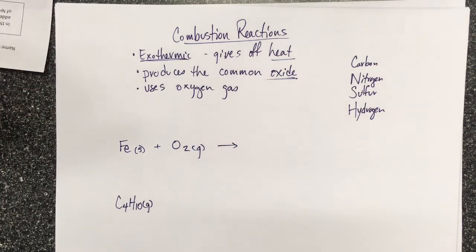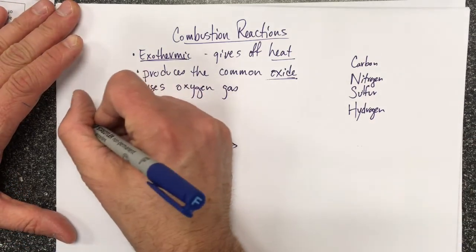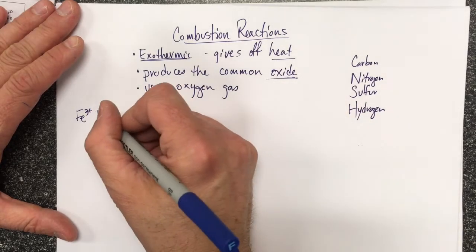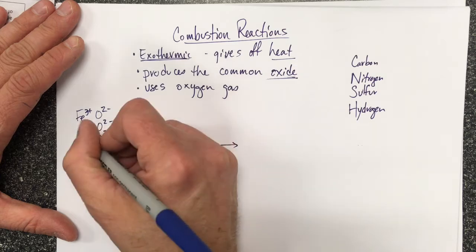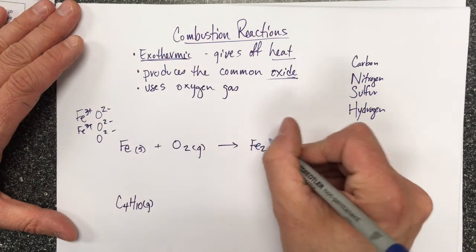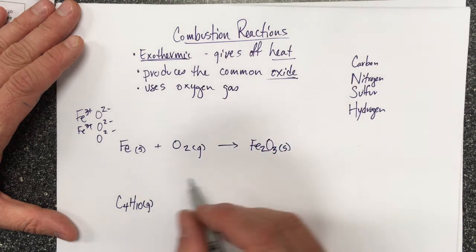And if you consult your data booklet, you'll find that iron 3 is the most common ion. So it's going to make iron 3 oxide, and so it's going to be Fe2O3 solid because it's an ionic compound.